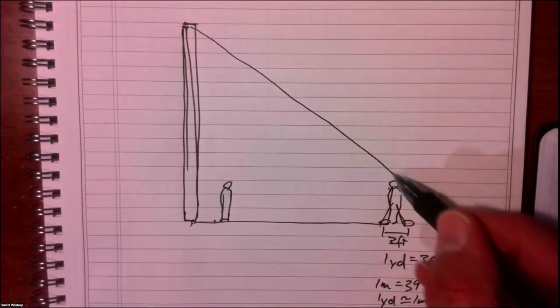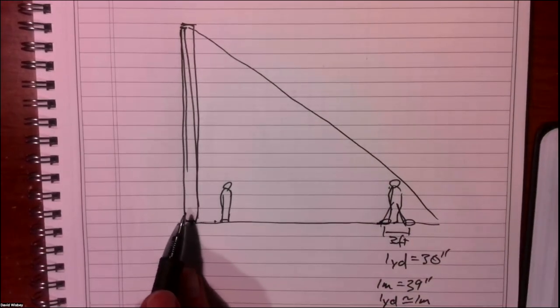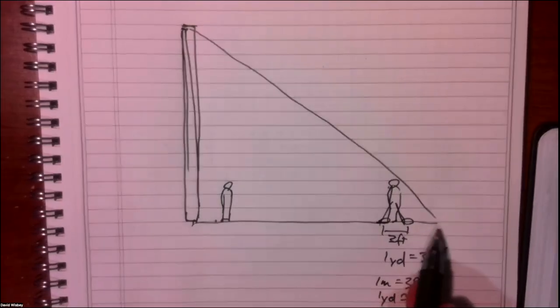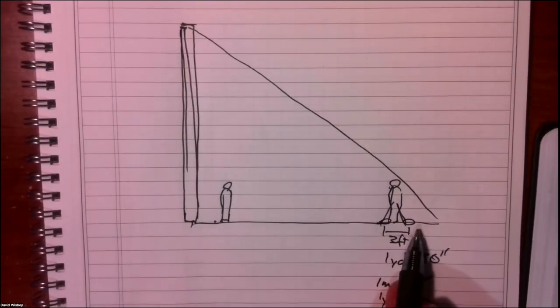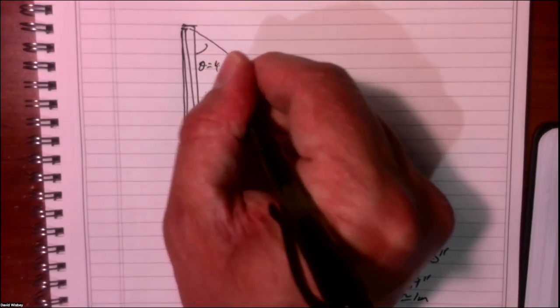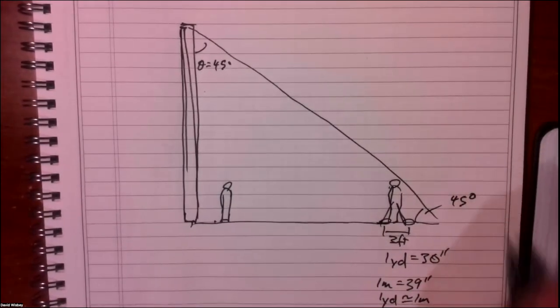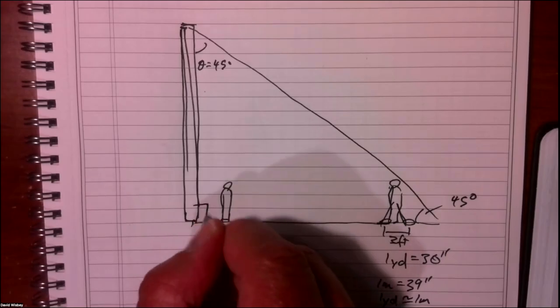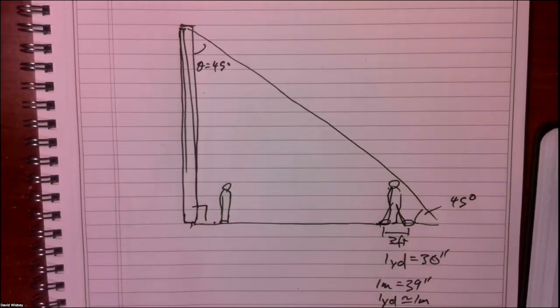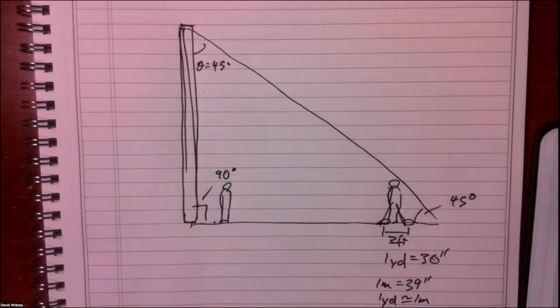If I draw this triangle where the telephone pole is the opposite side, and we say that this side is the adjacent side, then these two angles here must be 45 degrees, and this angle is a right angle, so it is 90 degrees.